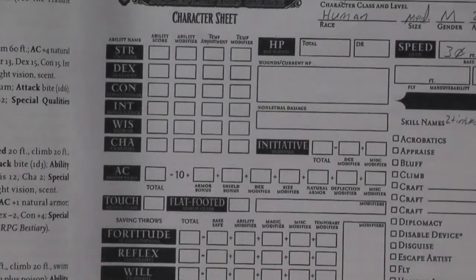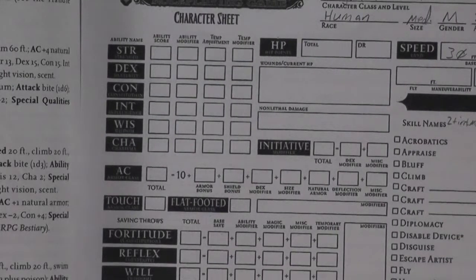Dexterity is pretty self-explanatory, but if you need a definition, it basically means the score connected to how light-footed you are. Your constitution is your health, or how many blows you can take until you get knocked out and bleed to death.